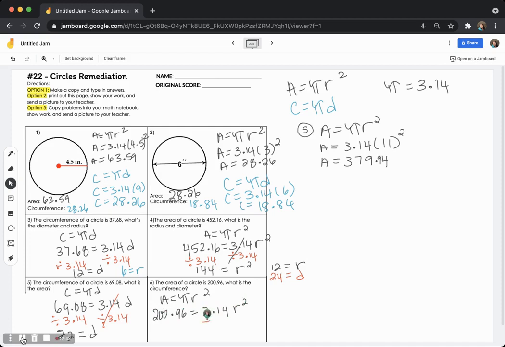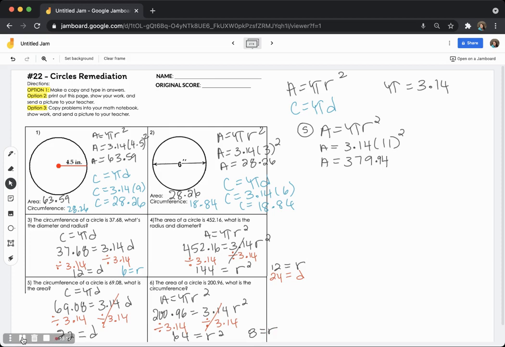I'm going to divide both sides by 3.14. And that's going to give us 64 equals the radius squared. So now I need to think what number squared, or what number times itself gives you 64. And that number would be 8. So 8 is equal to the radius.